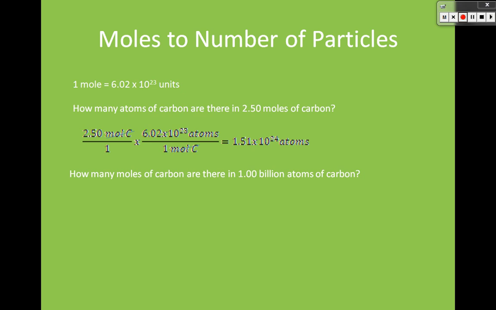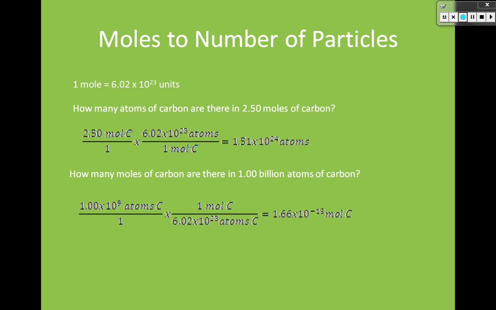So now going in the other direction, how many moles of carbon are there in 1.00 billion atoms of carbon? You can set this up and you start with 1.00 times 10 to the 9th, which is a billion, atoms of carbon. And then, of course, we have our conversion factor, 1 mole of carbon over 6.02 times 10 to the 23rd atoms of carbon.